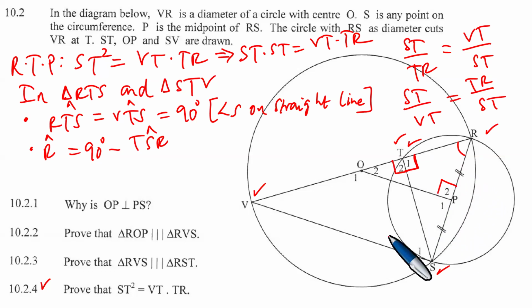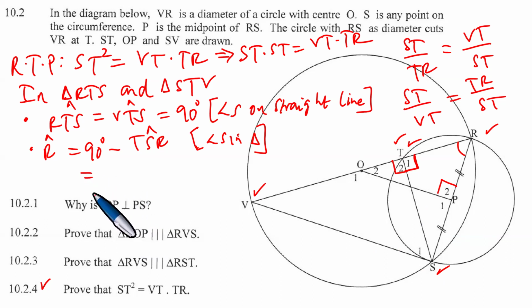Okay, these are the angles in a triangle. Well, you see, the thing is that this one is already 90. So this one plus this one must also be 90, so that you get 180. So that we say angle R is 90 minus TSR.